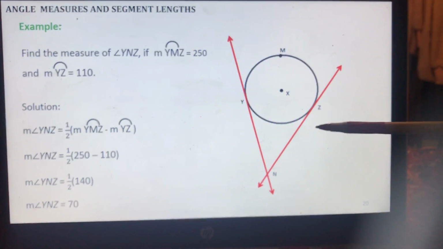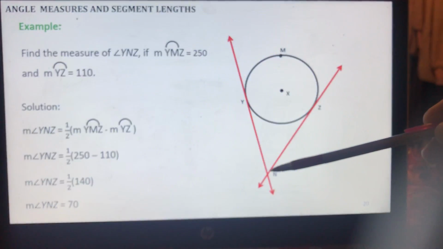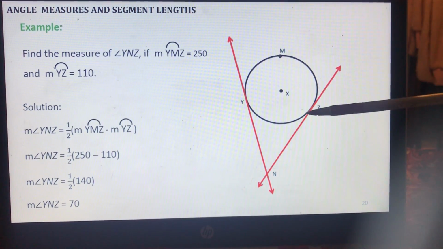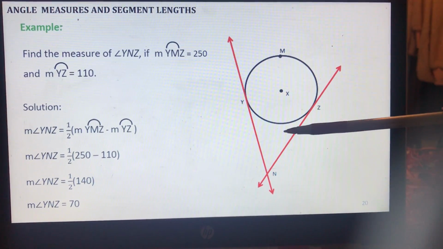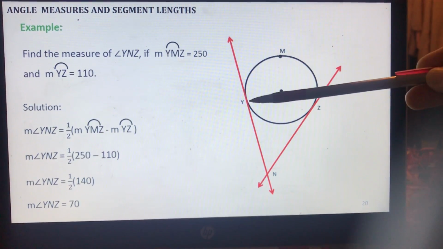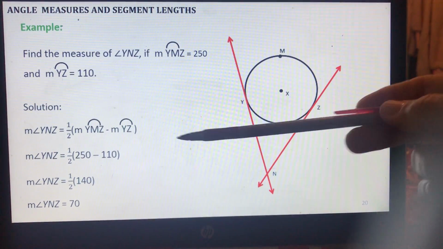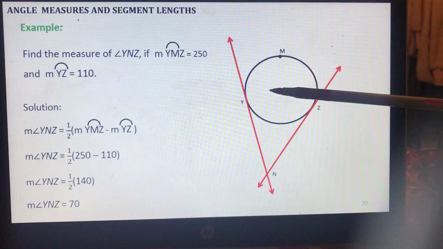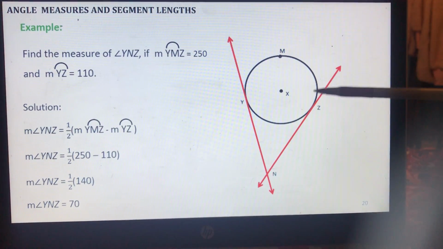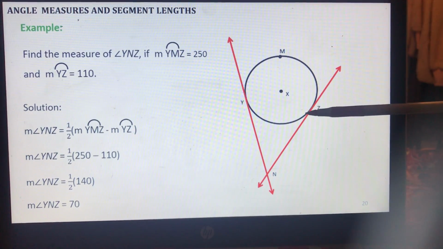That is, in this example, the angle formed by the intersection of the two tangent lines, angle YNZ, is going to be equal to 1/2 times the difference of the measures of the two arcs it's intercepting. So in this case, the measure of the angle is going to be 1/2 of the measure of arc YMZ minus the measure of arc YZ.